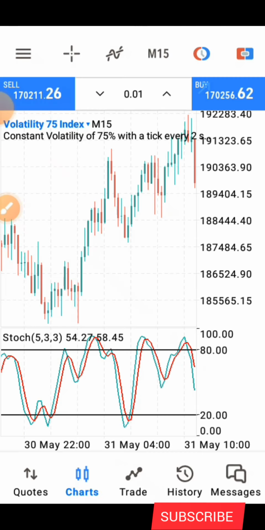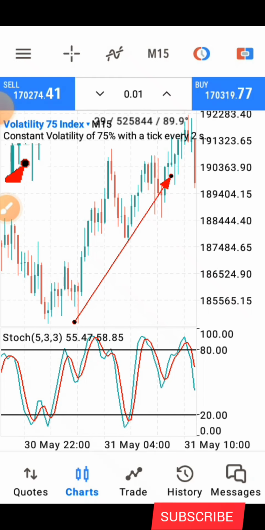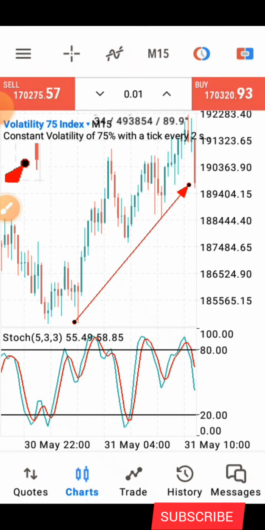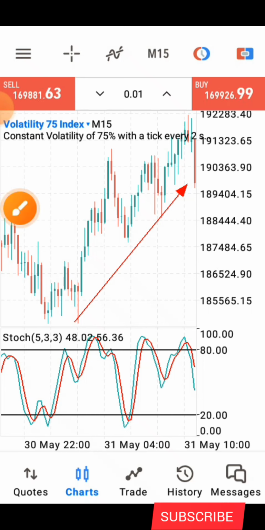Okay, so now from here to this area, you see that the market is going up, right? Making higher highs and higher lows, right? So now, after observing this, you check your indicator window. Now the indicator window is where the magic happens. Okay.